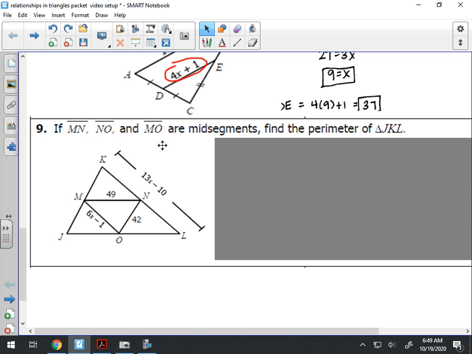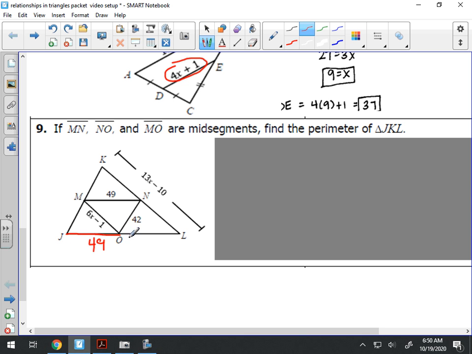All right, looking at number 9. All kinds of stuff going on. But you've got to find the perimeter of the JKL triangle, and that is the big one. Okay? So let me see what I can find here. I do know this piece is parallel to this piece, and I know that has got to be 49.